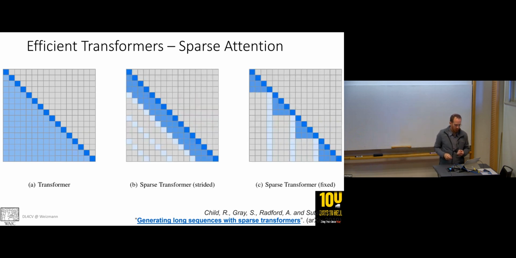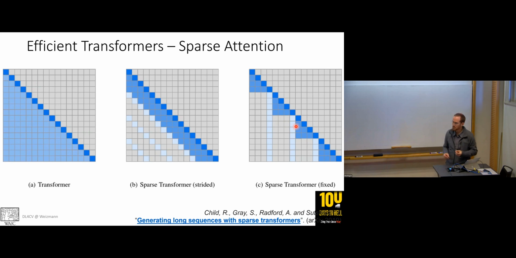But we can think about different patterns. So you can have attention locally to tokens that are nearby you. This example comes from text sequences and not from images, so this is a 1D example. And you can have this strided attention, where you go on a fixed path, or this axial pattern.